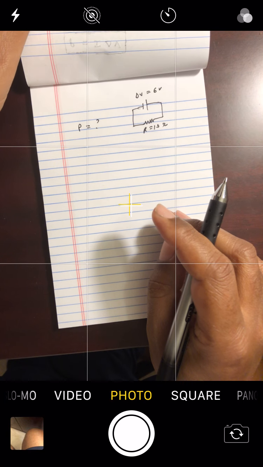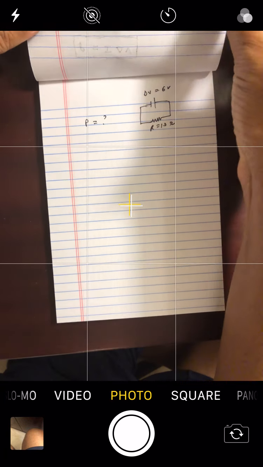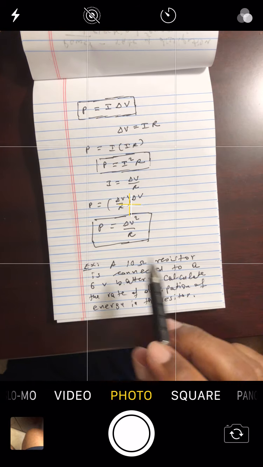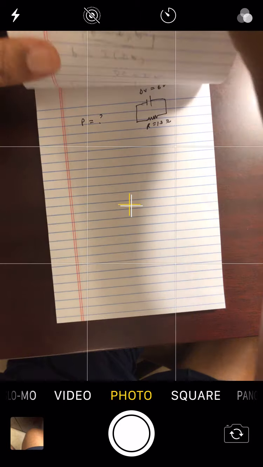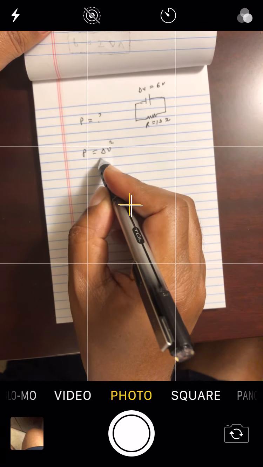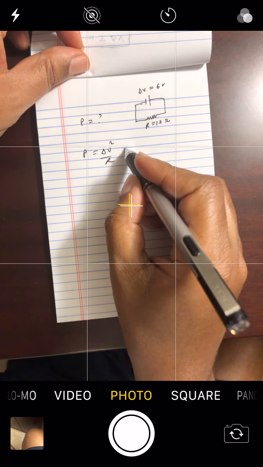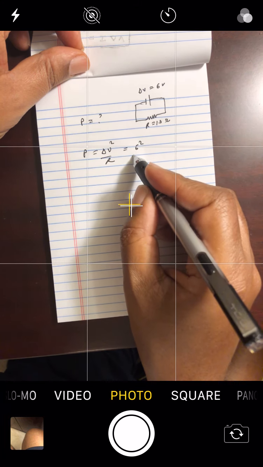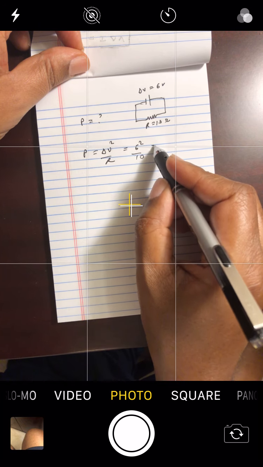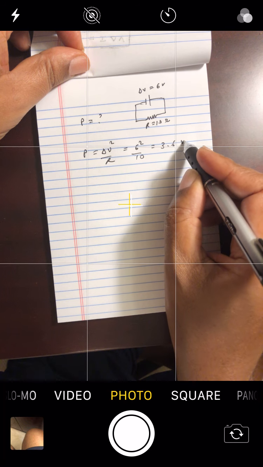Since we know potential difference and resistance, this would be the best formula to use. So we're going to use power equals delta V squared divided by resistance. That will be 6 squared divided by 10, which is 3.6 watts.